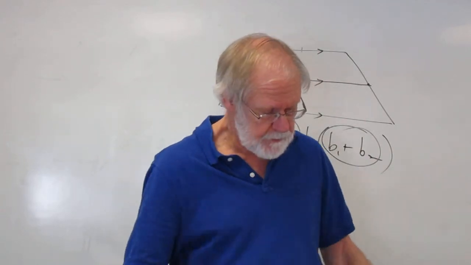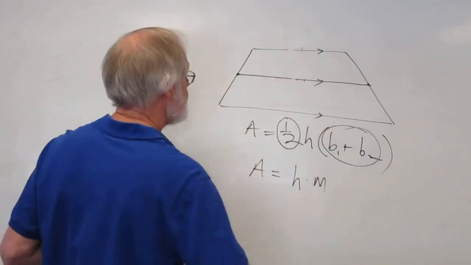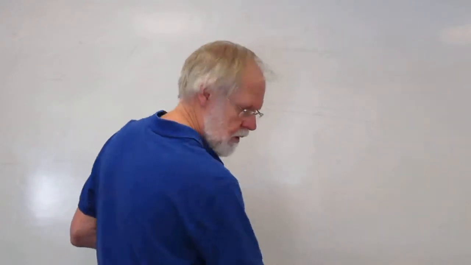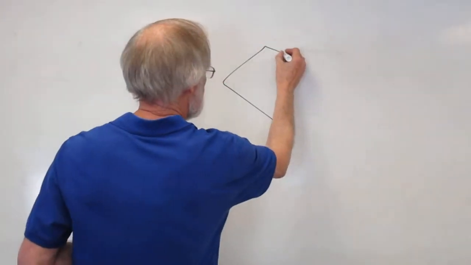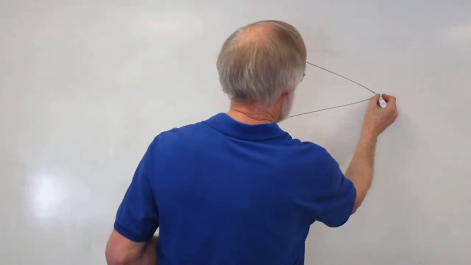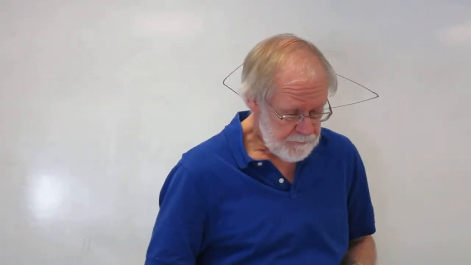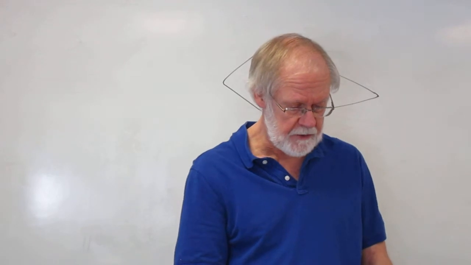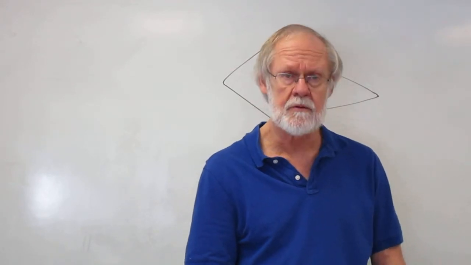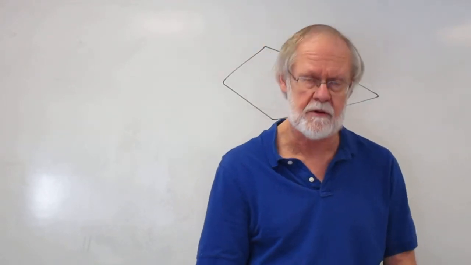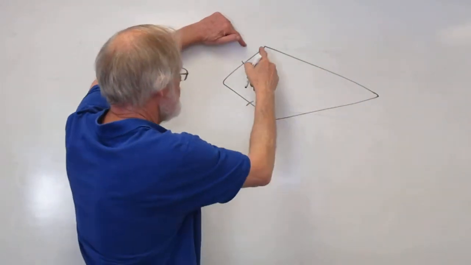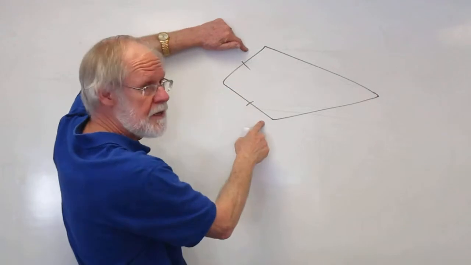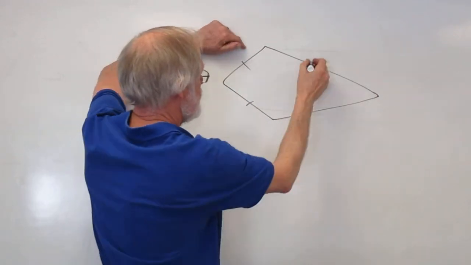All right, we have two theorems about kites, and one of those is, let's draw a kite here, like this. Remember, a kite is a quadrilateral with two pairs of consecutive congruent sides, but opposite sides that are not congruent. That is, these two are consecutive sides and they are congruent.